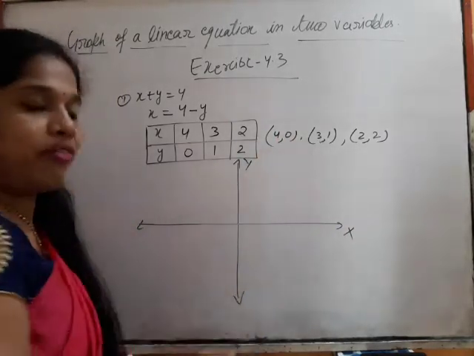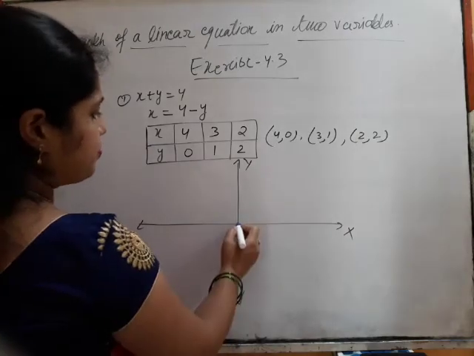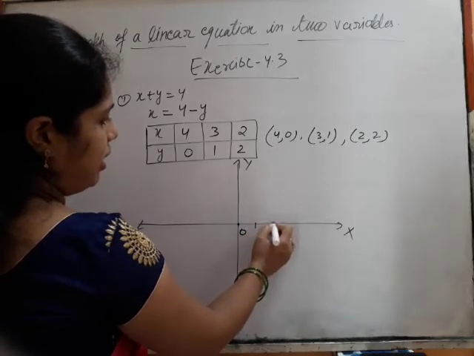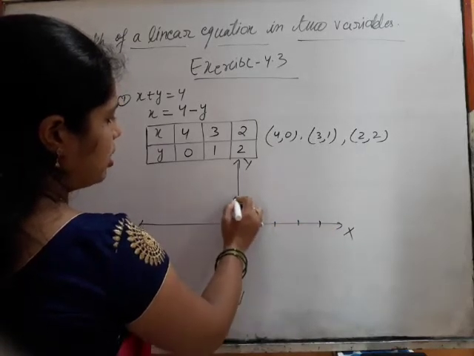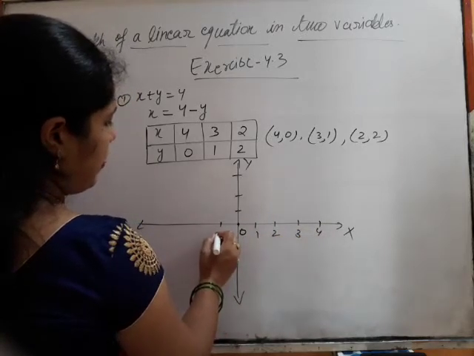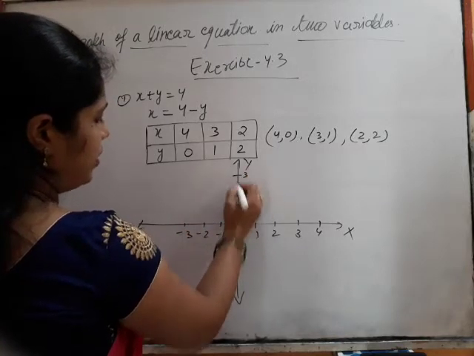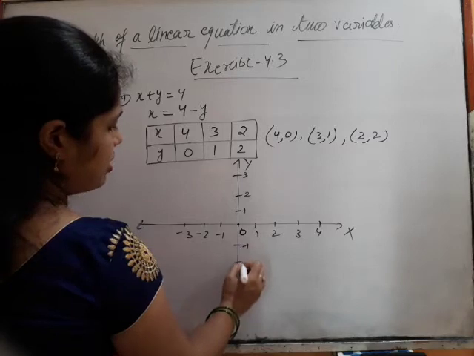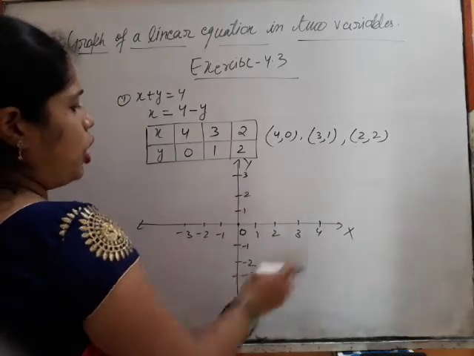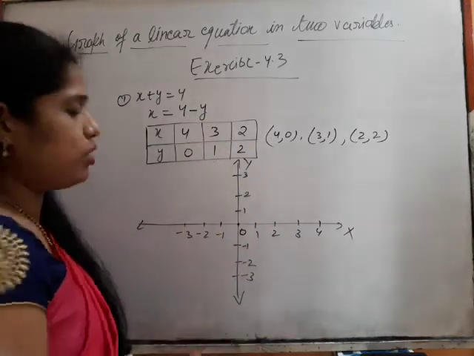Plotting these points you have already studied in the previous chapter, coordinate geometry. This is the origin. Now let us divide according to the values we have got: 1, 2, 3, 4 and minus 1, minus 2, minus 3, on both axes. Or you can take only the positive values because we have not got any negative values here.